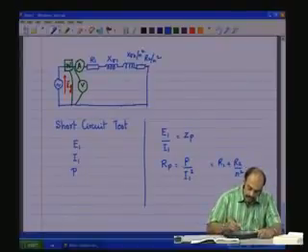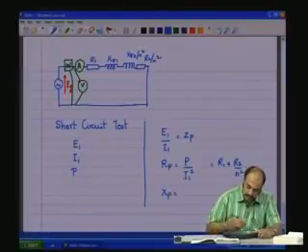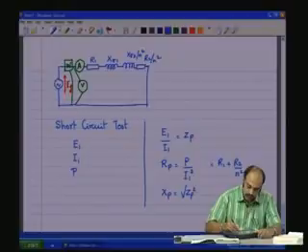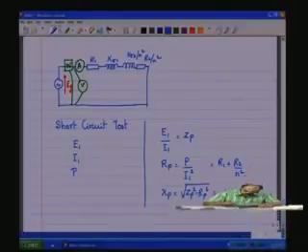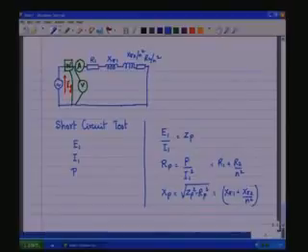and XP, X primary side, is given by root of ZP square minus RP square, which is X sigma 1 plus X sigma 2 by N square. Okay.